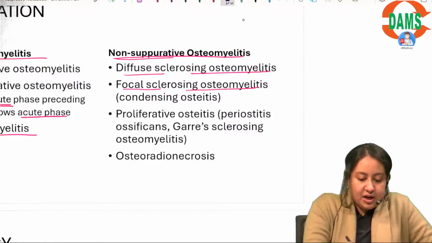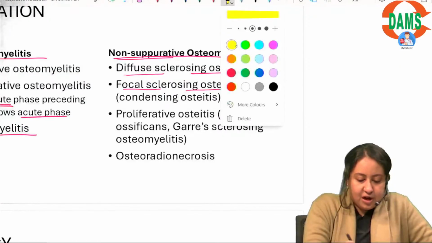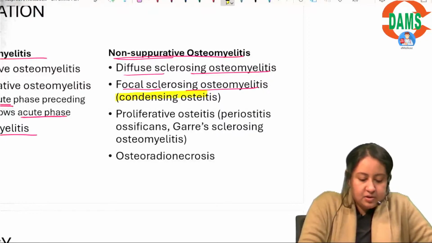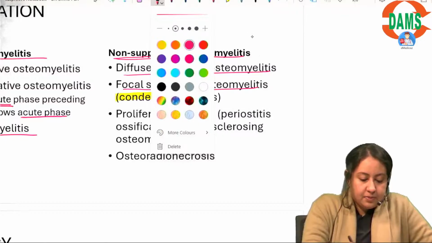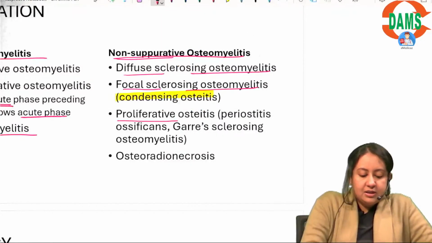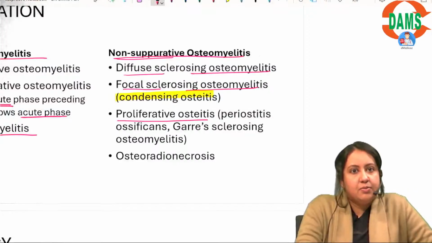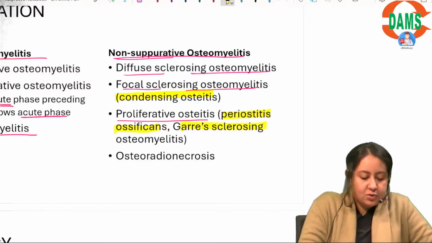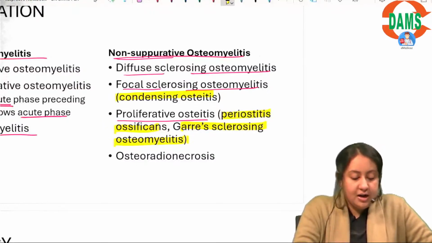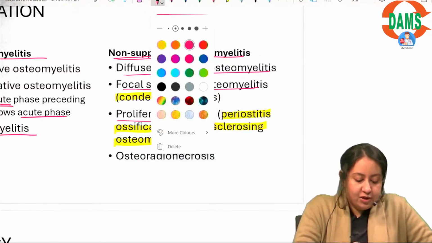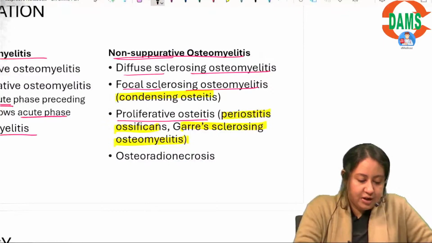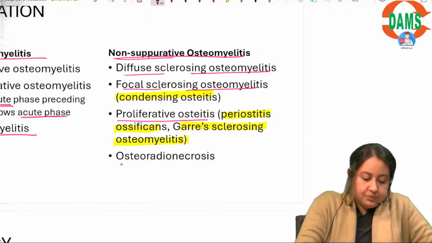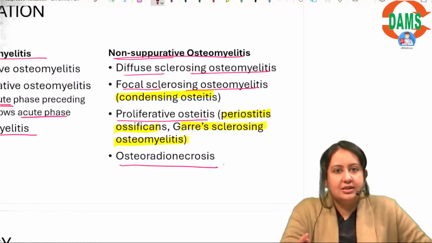We have to also know the other names. The third one under this is proliferative osteitis, which is also known as periostitis ossificans or Garre's sclerosing osteomyelitis. And the last one that we have here is osteoradionecrosis, which I will be covering separately.